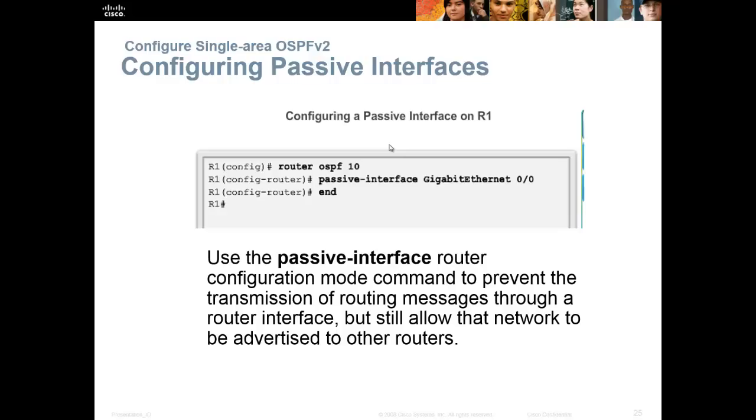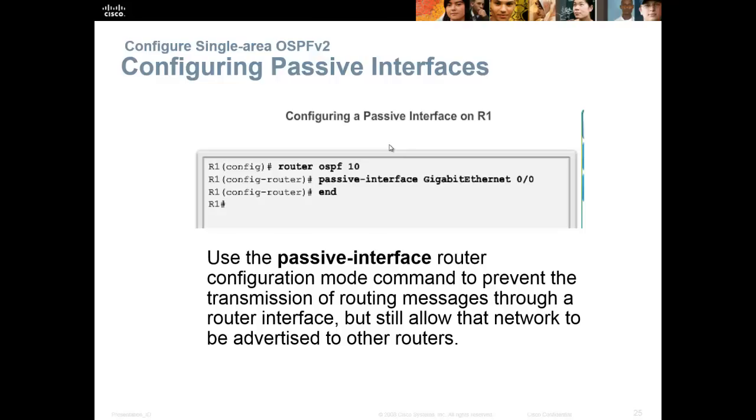So if your router, let's say, has a lot of interfaces, maybe it's a layer 3 switch, and you've got a lot of different LANs that go out there. Let's say you've got 10 LANs that it connects to, and then it has 3 serial interfaces. Well, it's easier to just do a passive interface default to shut down everything and then allow the 3 than it is to do passive interface on the 10, if that makes sense.